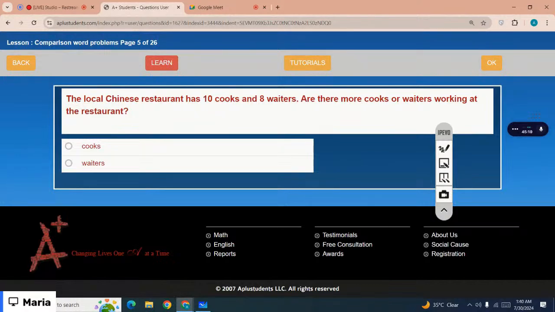The local Chinese restaurant has 10 cooks and 8 waiters. Are there more cooks or waiters working at the restaurant? So, which is the correct option?